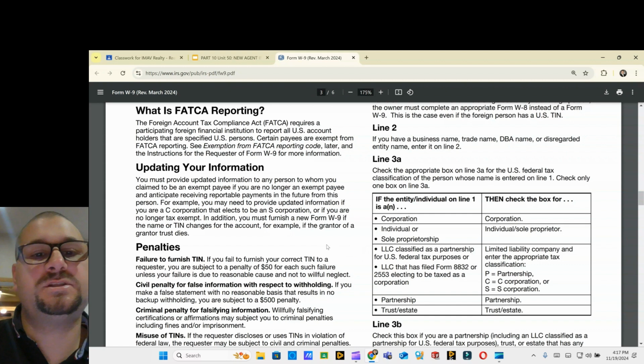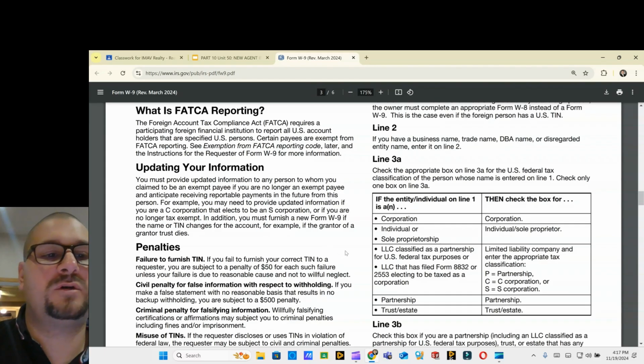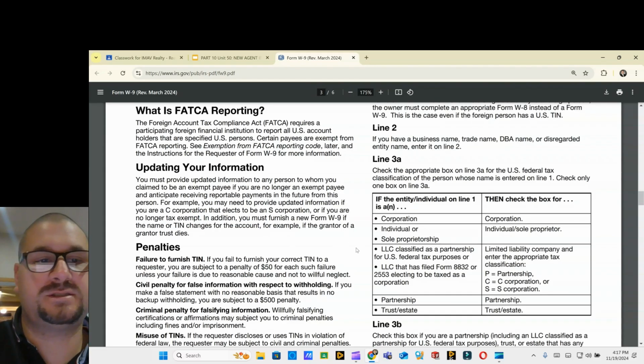For example, you may need to provide updated information if you are a C corporation that elects to be an S corporation, or if you are no longer tax exempt. In addition, you must furnish a new Form W-9 if the name or TIN changes for the account. For example, if the grantor of a grantor trust dies.